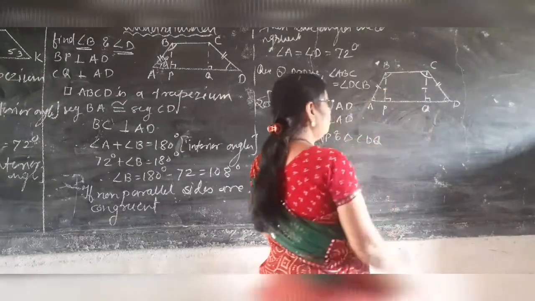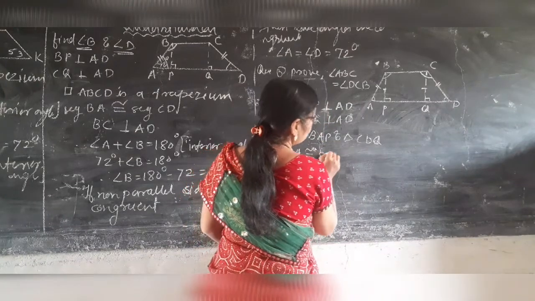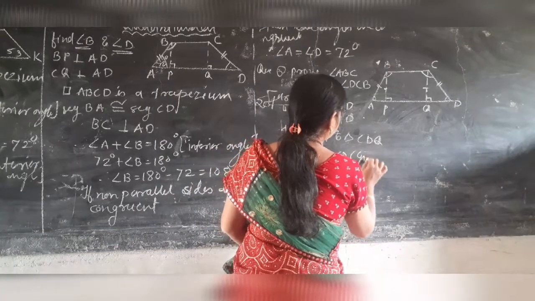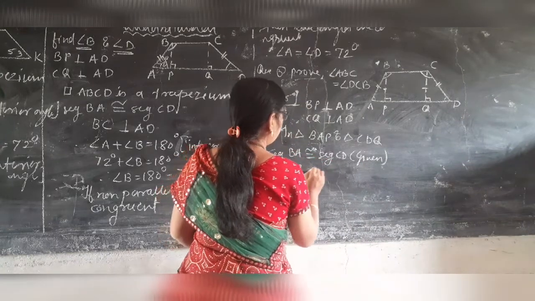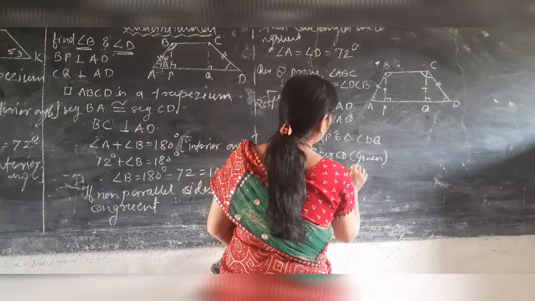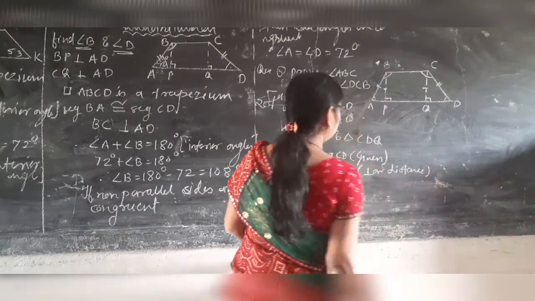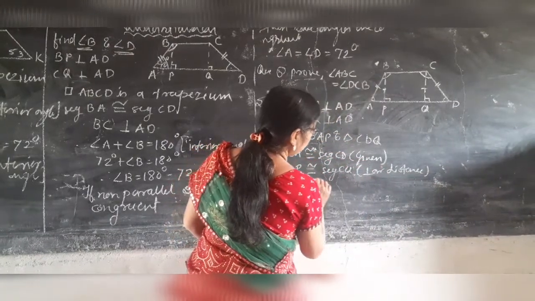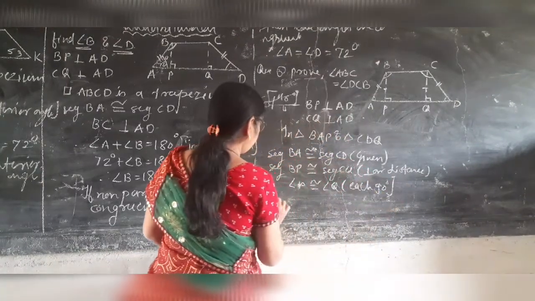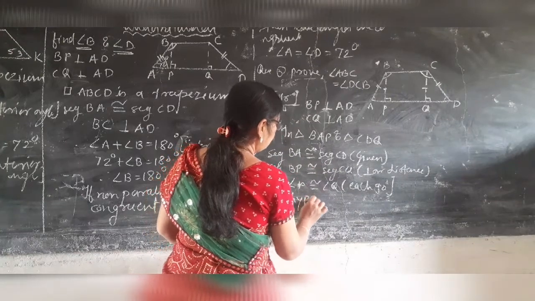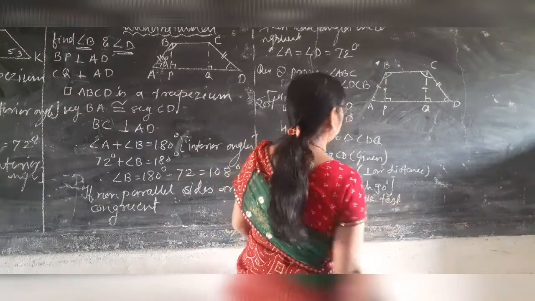CD is congruent to BA. Now segment BA is congruent to CD. By the hypotenuse side test, these two triangles are congruent.